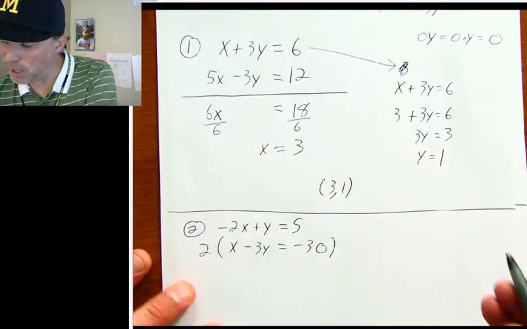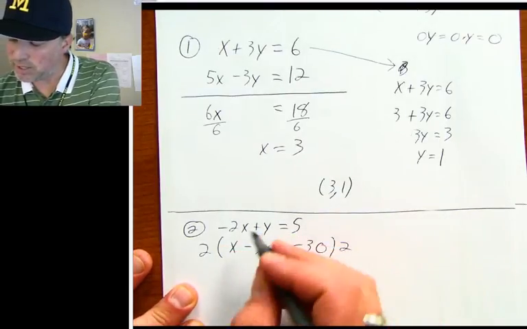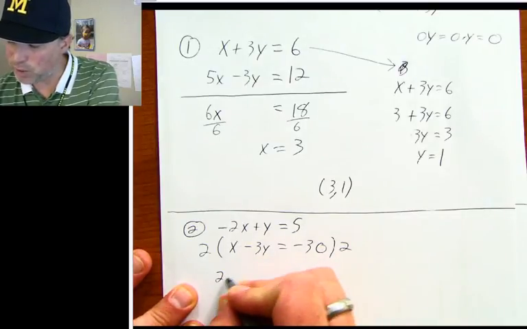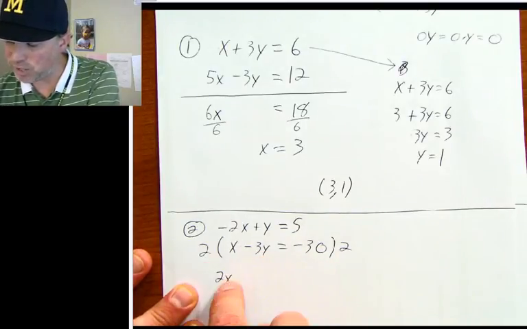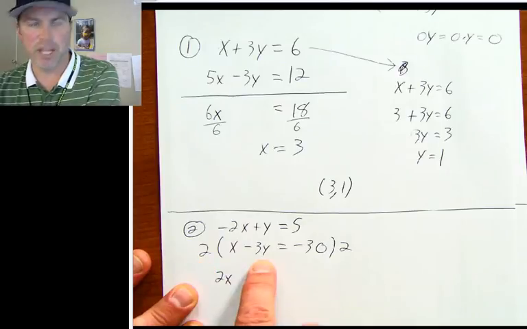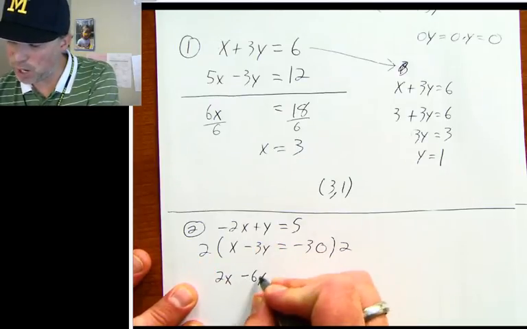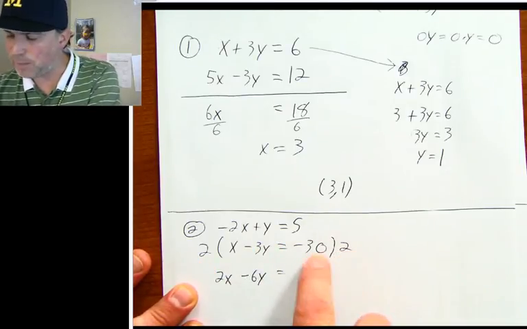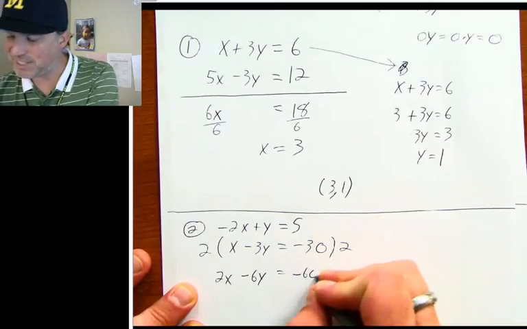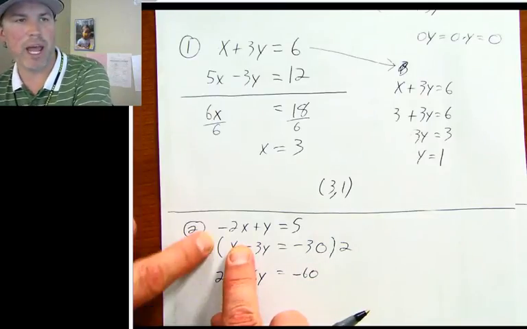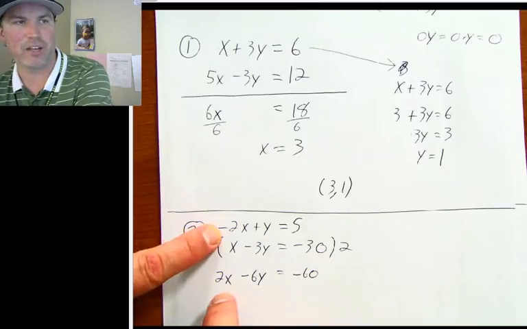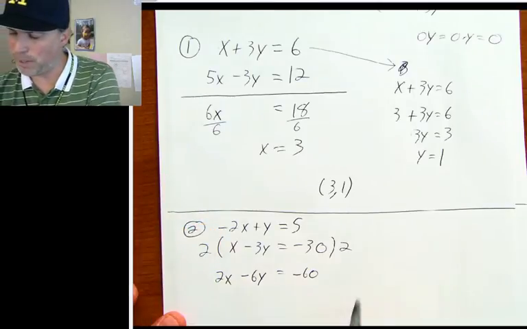what will happen is when I multiply everything in this equation by 2, I get a 2x, 2 times x is 2x, 2 times negative 3y is negative 6y, and 2 times negative 30 is negative 60, and now I do have that negative 2x and positive 2x thing I was hoping to get.